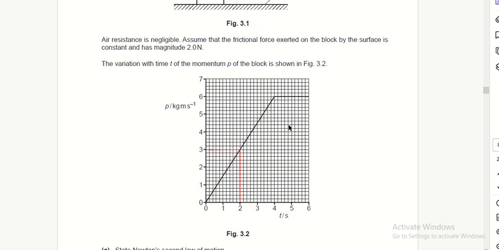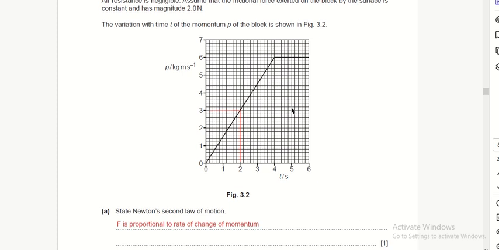After that P has only a single value, so there is no change after the 4 seconds in momentum, and hence no force, no resultant force.